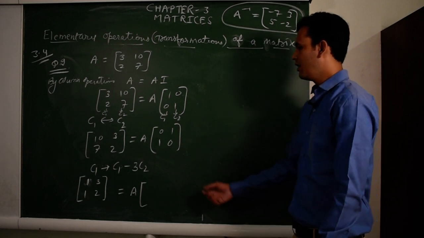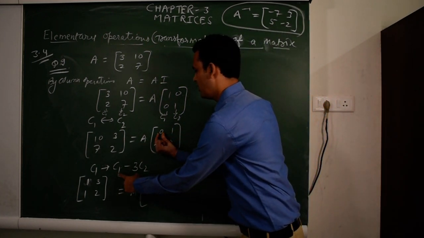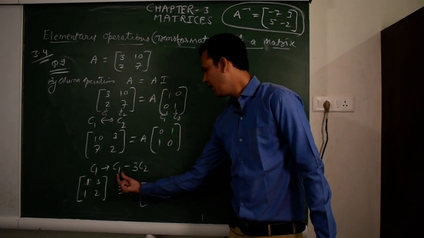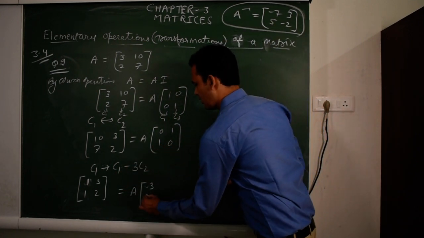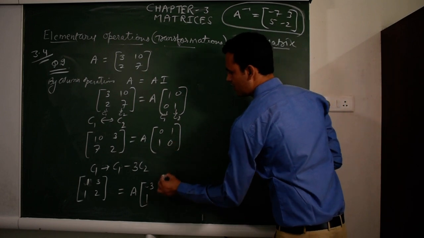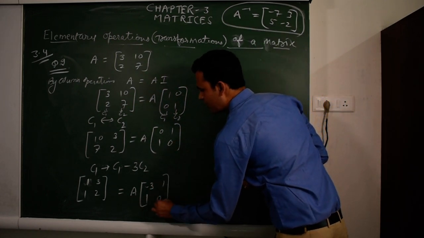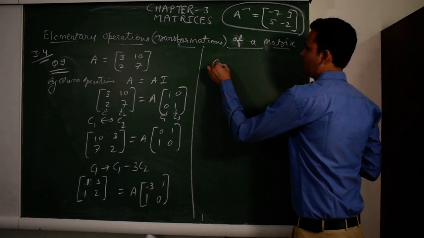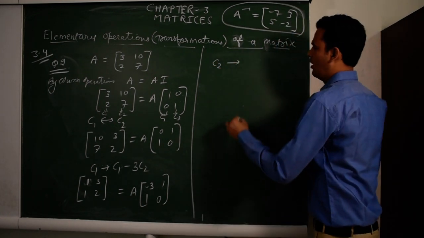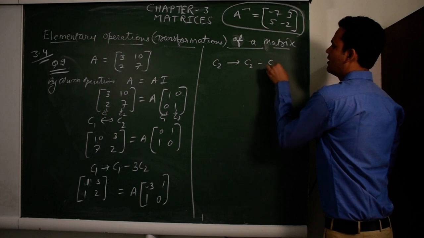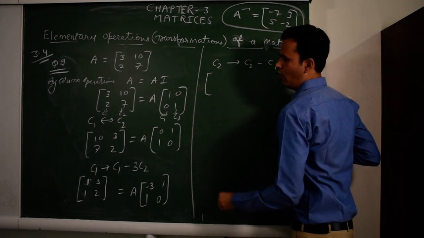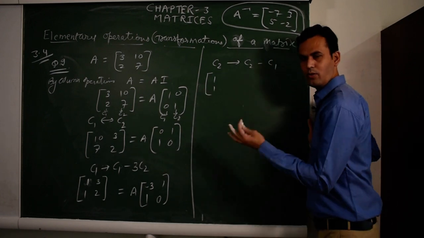Same change here in C1: 0 minus 3. So it is minus 1, minus 3. Then C1 minus 3C2 gives 1. No change in C2, so it is 1 and 0. Now change in C2: C2 minus C1. So no change in C1, 1 1.